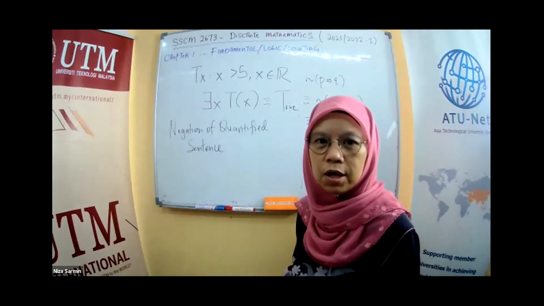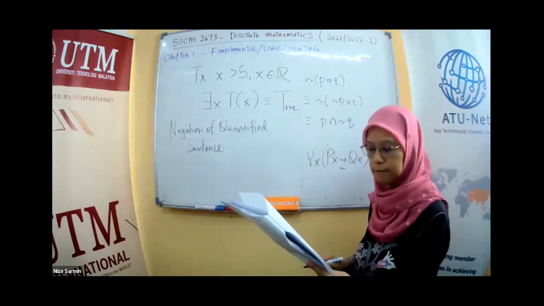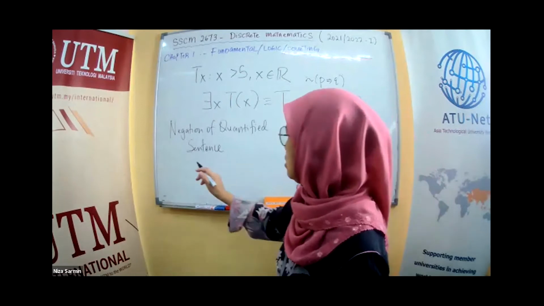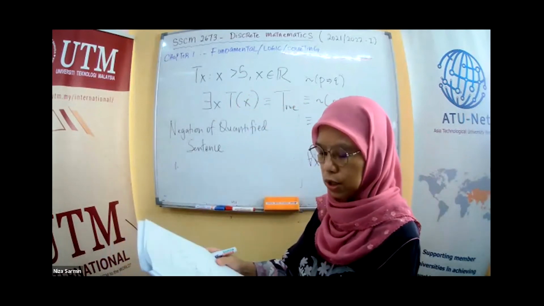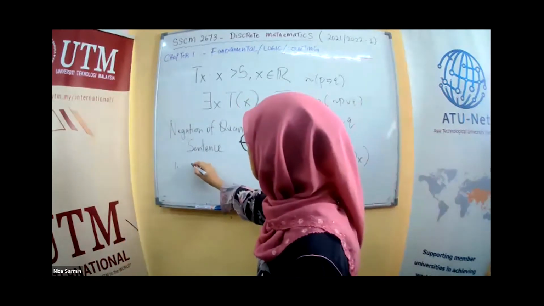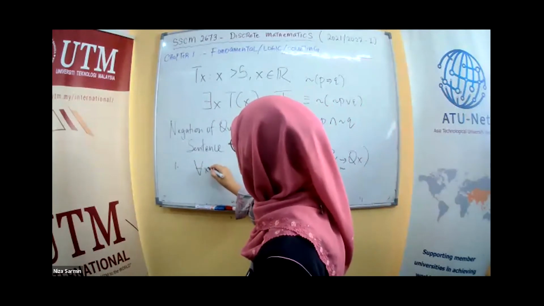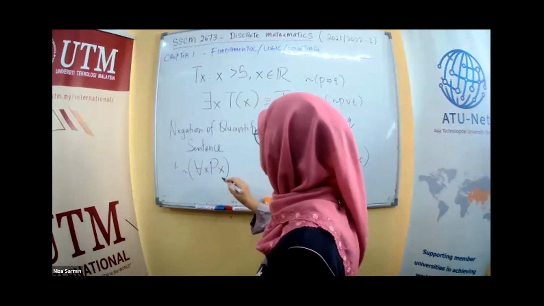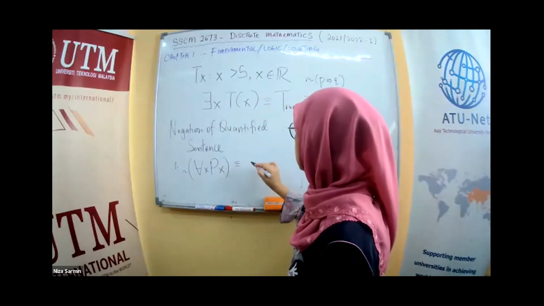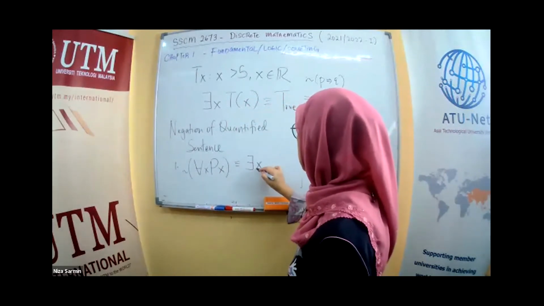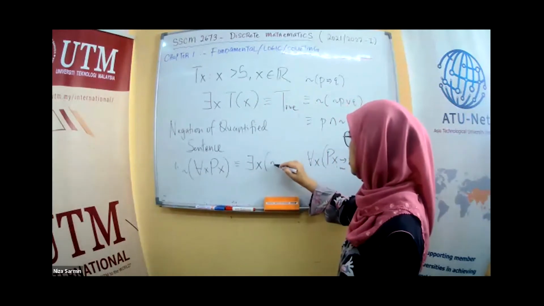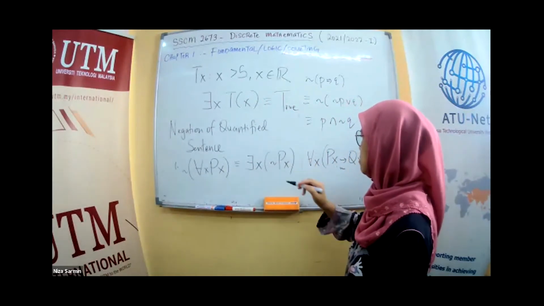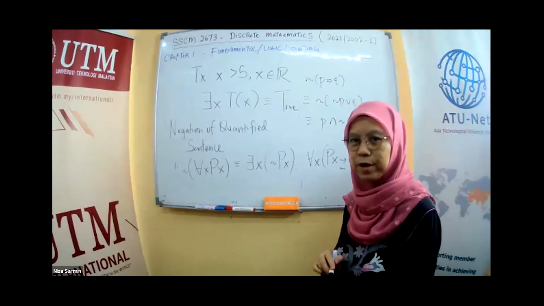Negation of quantified sentence. Okay. The first thing that you have to know is, if you have for all x, Px, the negation of this is there exists x, not Px. Right?